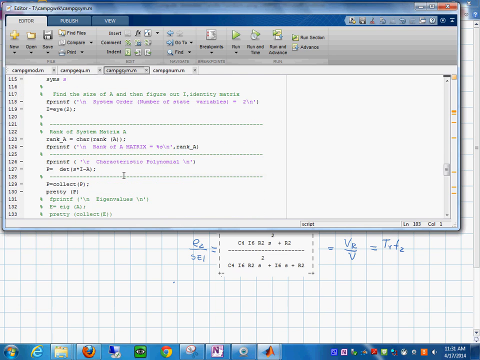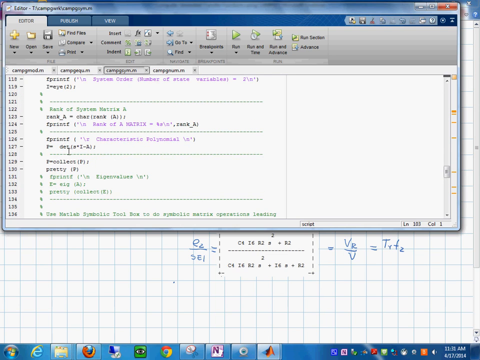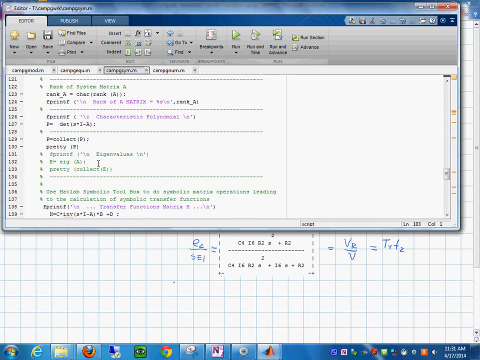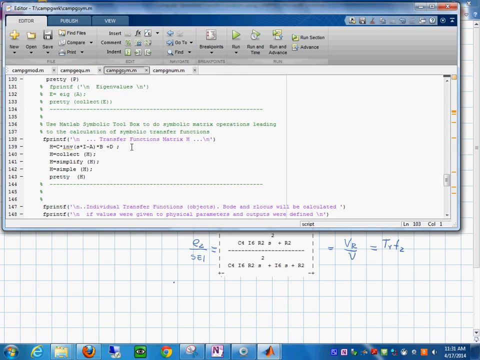And then watch this, it comes down here and calculates the sI minus A matrix, and watch that. That is the same operation that we did in the prior explanation on how to get any transfer function. Do you see?